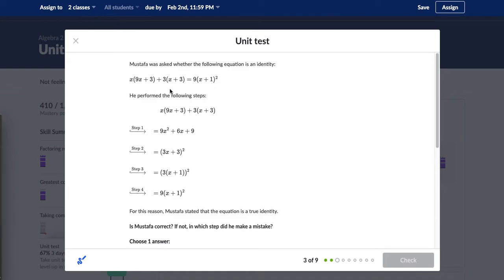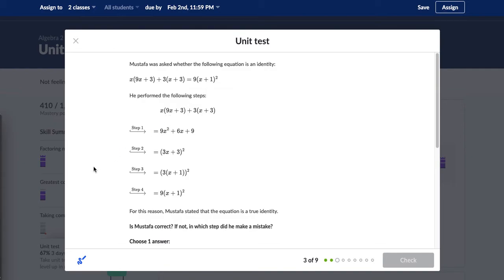So we perform some simple algebraic manipulation on it and see if it actually works, right? So we're starting with this left-hand side here. We're looking to try to get the right-hand side. So the first part here, what he's done with step 1 is, you can see there's a FOIL going on here. So 9x squared, that works, right?